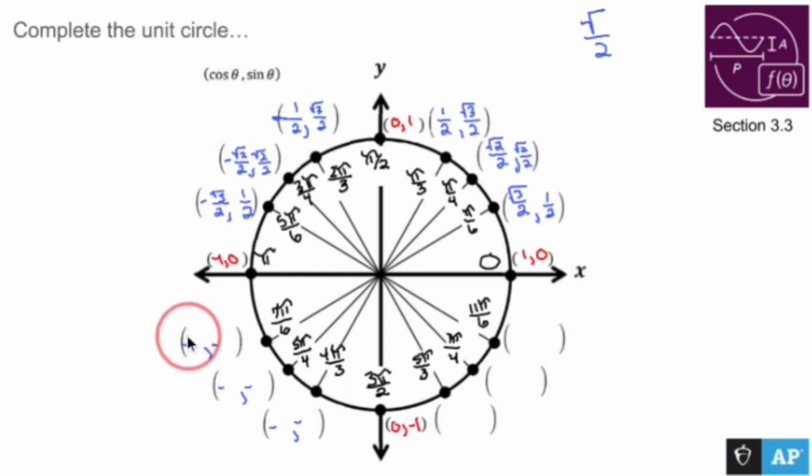So you are negative root 3 over 2, negative 1/2, negative root 2 over 2, negative root 2 over 2, both negatives, and you're going to be the same as that, negative 1/2 and negative root 3 over 2.